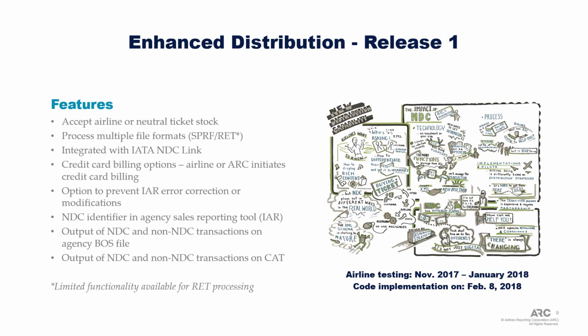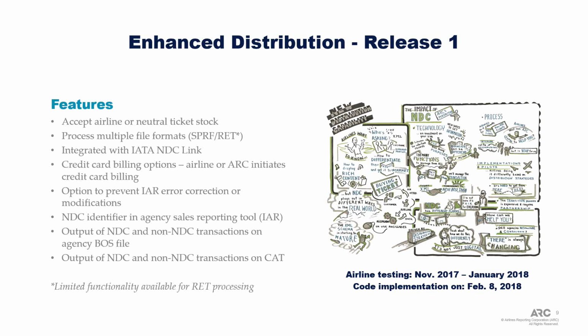We will also output NDC and non-NDC transactions on the agency back office file. So today, the agency has the ability to either automatically set up or request a back office file to be sent from IAR to their systems, and they use it for a variety of things: reconciliation to the GDS transactions, invoicing, billing, a number of things.